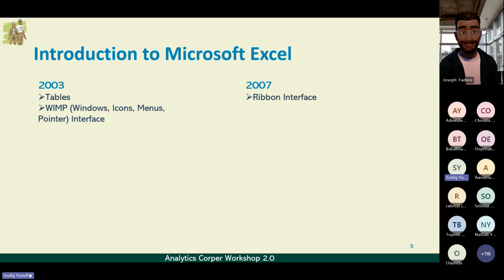And another fantastic thing that was introduced in 2007 was the number of rows that Excel can actually accommodate. So before, Excel could accommodate about 65,000 rows. But in 2007, the number of rows in Excel was extended.